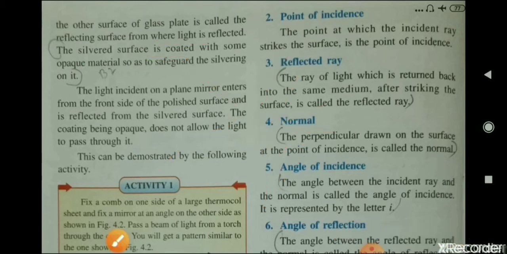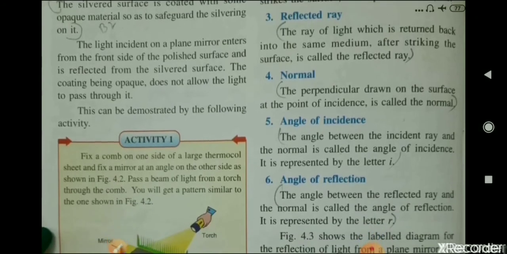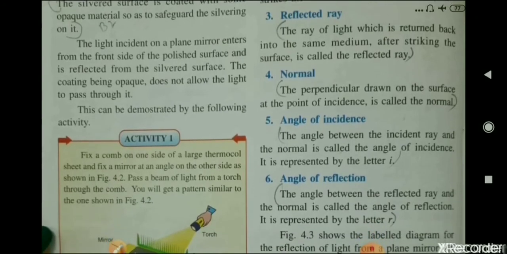Now, the light incident on a plane mirror enters from the front side of the polished surface and is reflected from the silvered surface. The coating being opaque does not allow the light to pass through it.